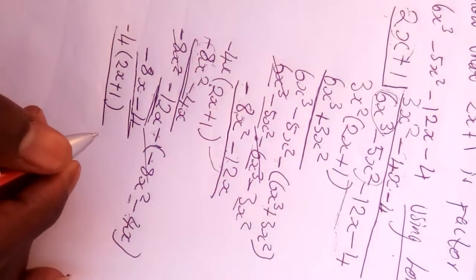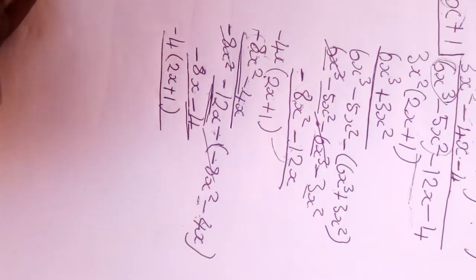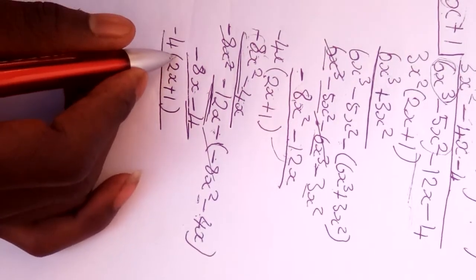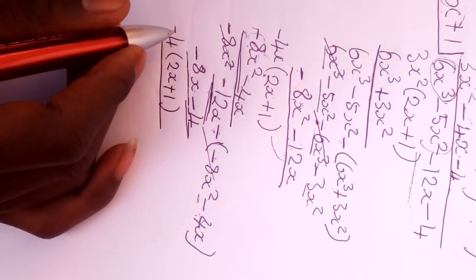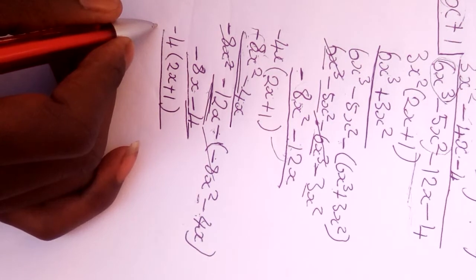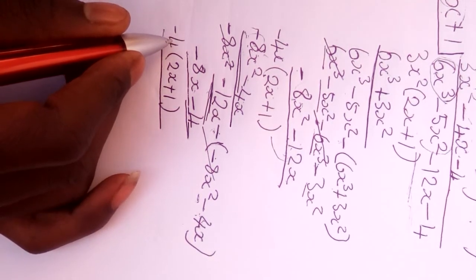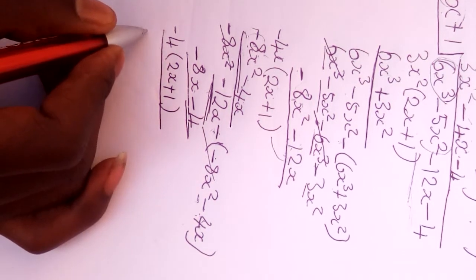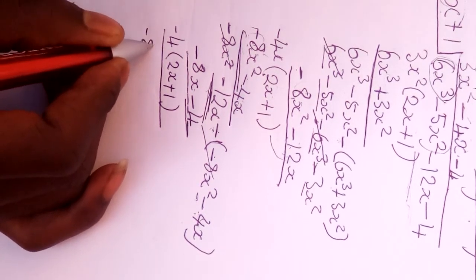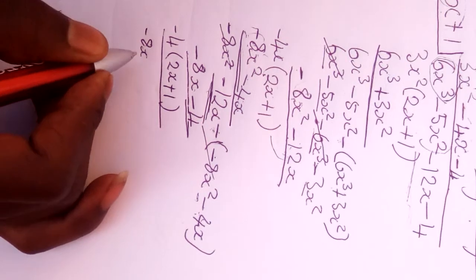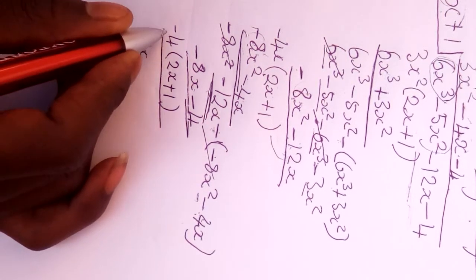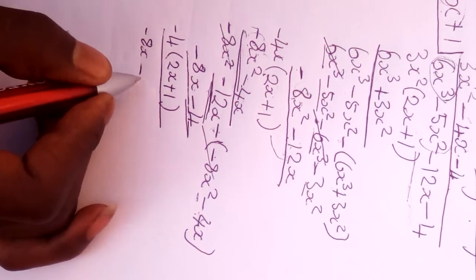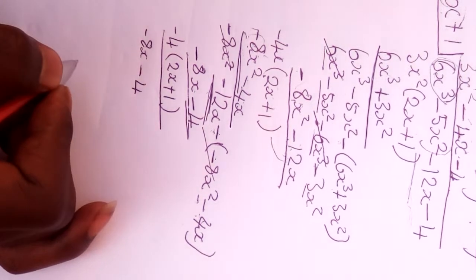We multiply everything inside the bracket by the number outside. Negative 4 multiplied by positive 2x is negative 8x. Then negative 4 multiplied by positive 1 is negative 4.